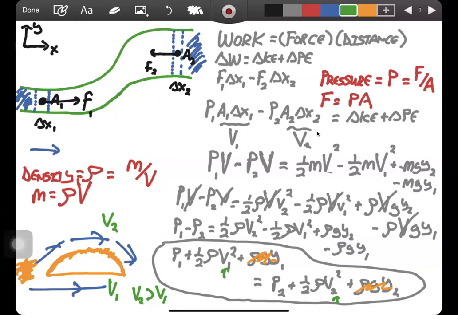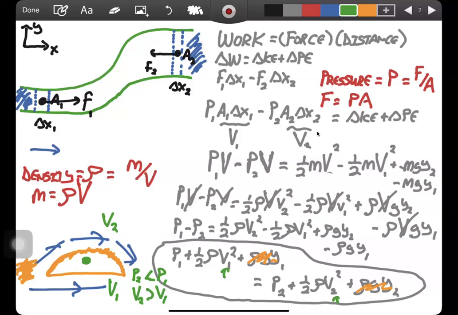So if V2 is greater than V1, to preserve this equality, P2 has to be less than P1. That's to preserve the equality there. So again, if V2 is greater than V1, it means that P2 is less than P1.